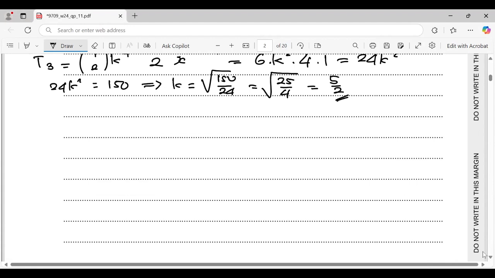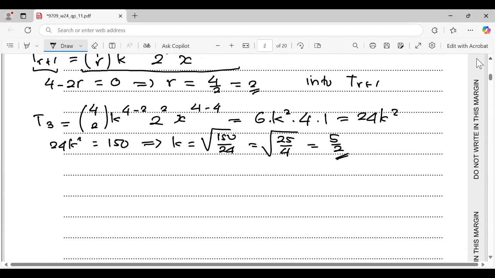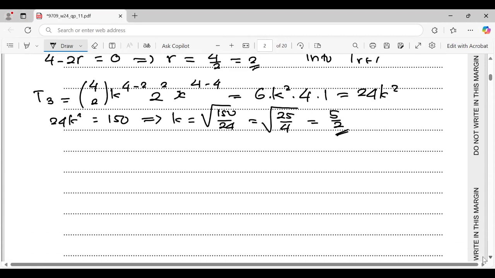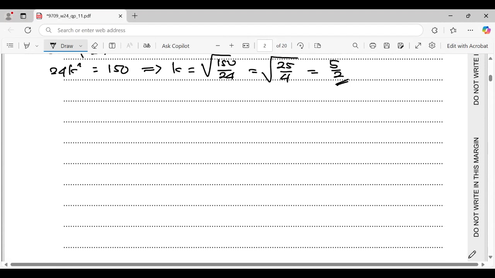Scroll down first. Recall the exponent of x in the general term is 4 minus 2r. I'm going to set that 4 minus 2r equals 2.